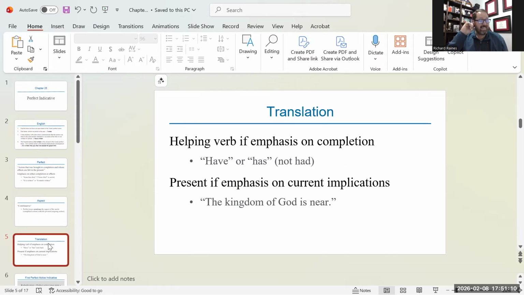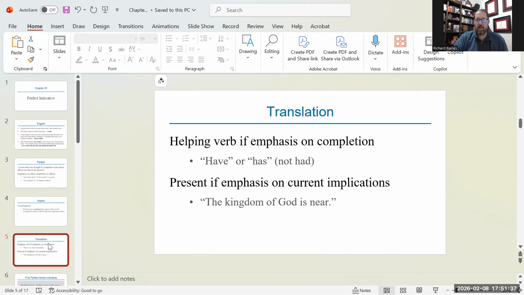When you translate the perfect tense, I said this in the beginning, you'll use a helping verb if the emphasis is on completion, have or has, not had. And you'll use the present in English if the emphasis is on current implications.